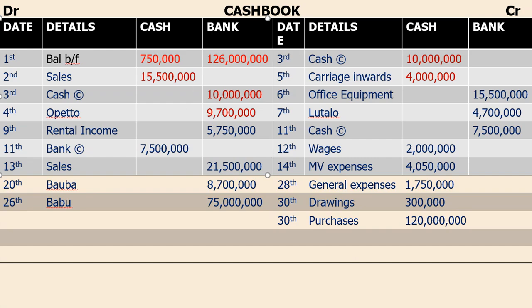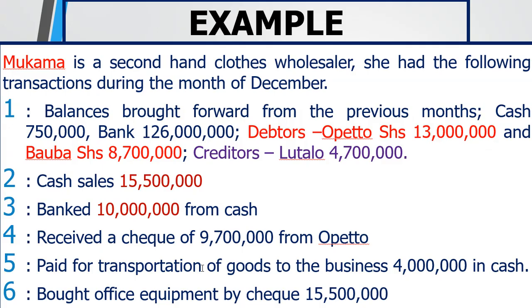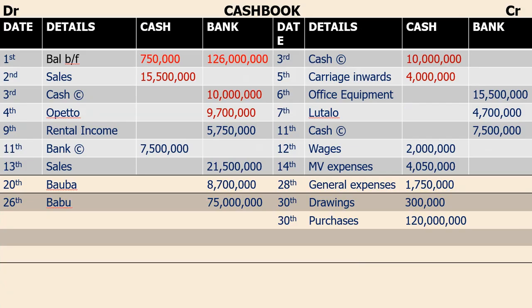Then another transaction happened on the 6th. Bought office furniture by check, 15,500,000. I will go back to the cash book and credit the bank column of the cash book by 15 million.